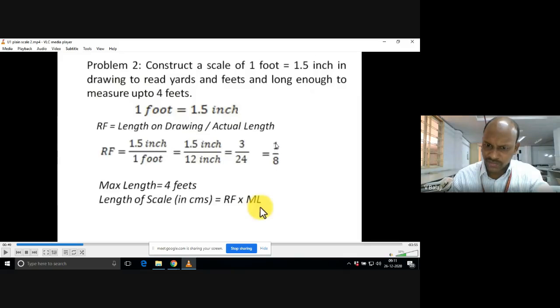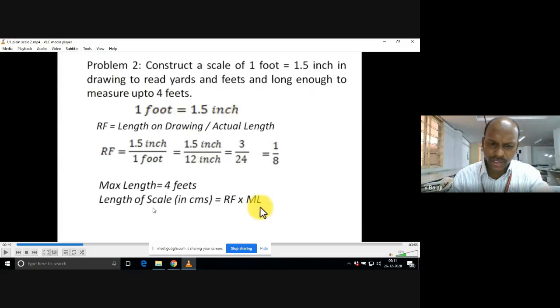So 8 becomes 1. In that way we have done the reduction. So it is called representative fraction. It shows basically the actual size and drawing size, how many times we have done the reduction.